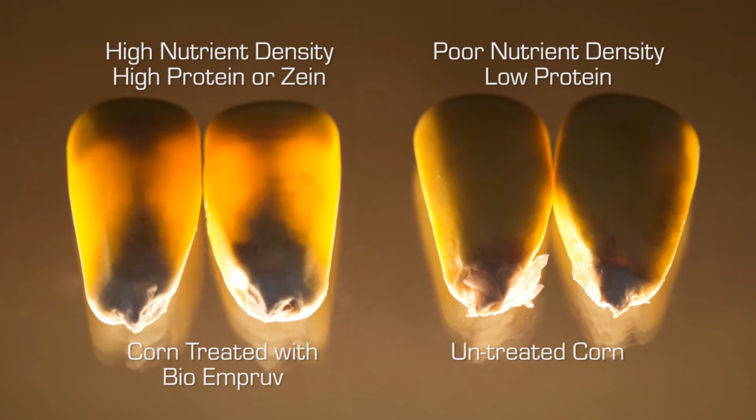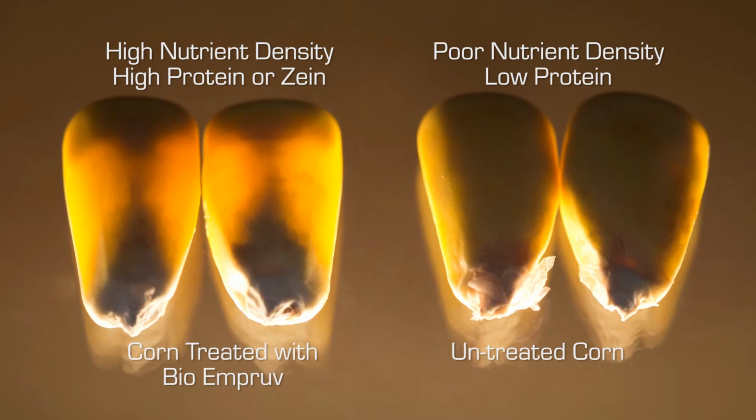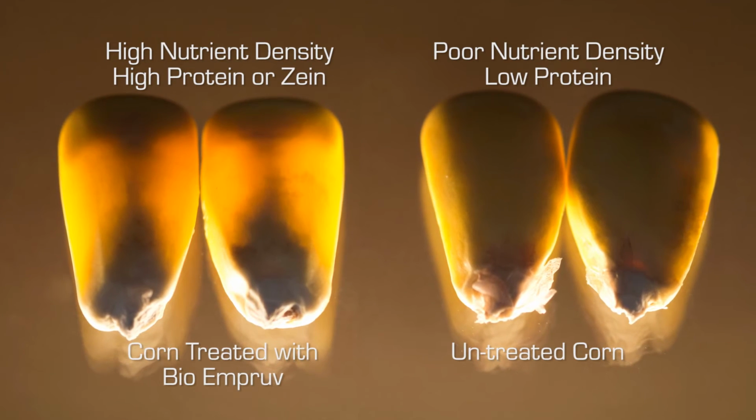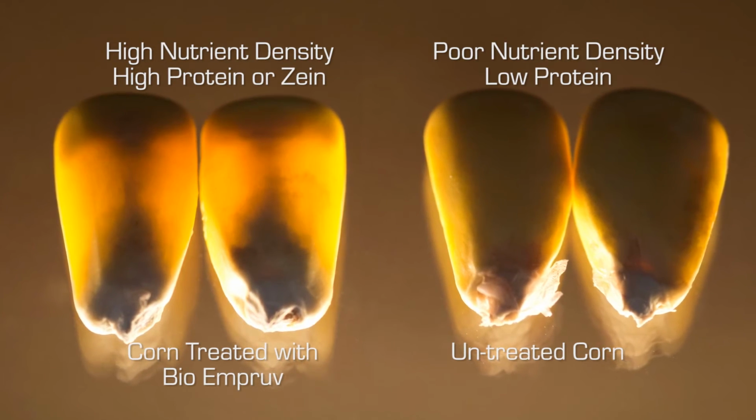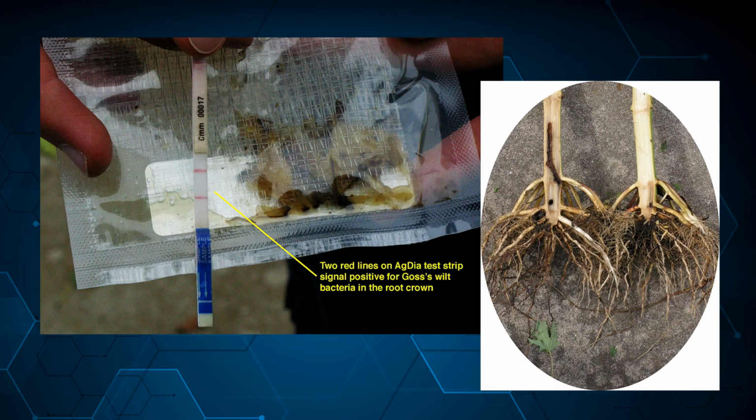They're not maturing, you're not getting the normal physical barriers to bacterial movement into the kernel, and so what we see in a lot of our corn seed is anywhere from 3 to as much as 30% actual seed infection by Goss's wilt. We can test for the disease serologically.